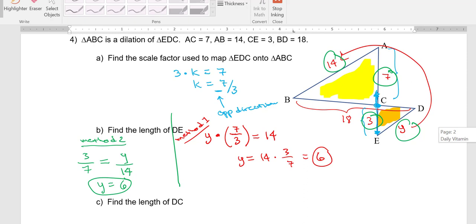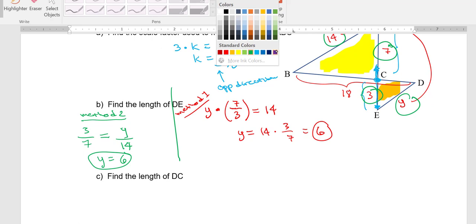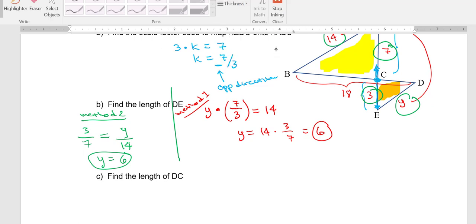Okay, so let's try that method for this next problem, finding the length of DC. Let's call this x, and we know that the entire length is 18, so this portion here is going to be 18 minus x. If this is x, and the entire thing is 18, if I subtract x, I'm going to get that portion right there for BC. So I'm going to set up the same proportion.